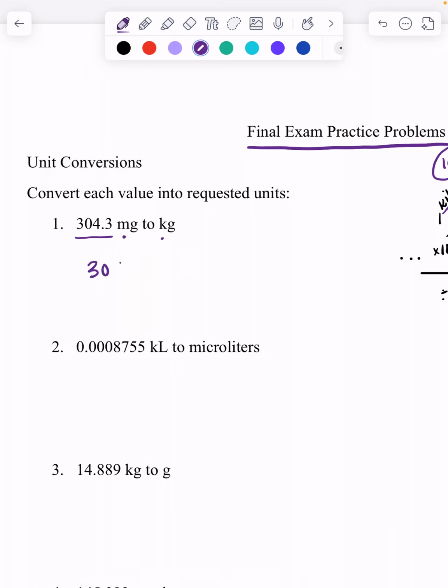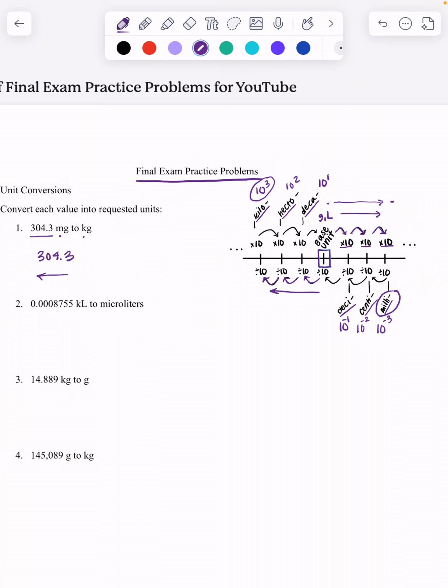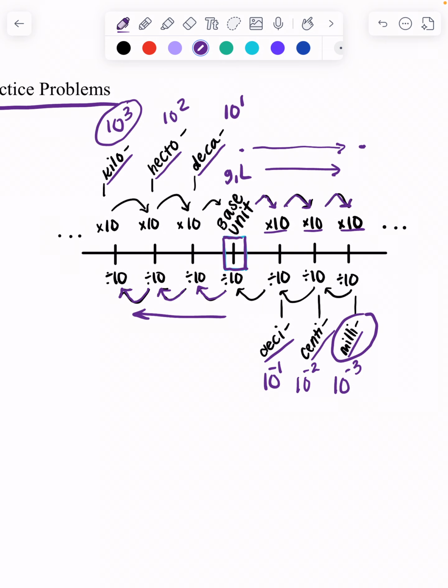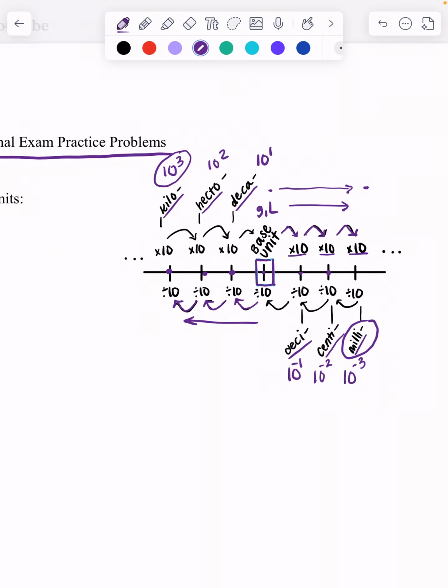The first is I take my number, 304.3, and I am going to be moving left on my unit timeline. I'm moving left by 6 spaces. If you look back over here, we go 1, 2, 3, 4, 5, 6.